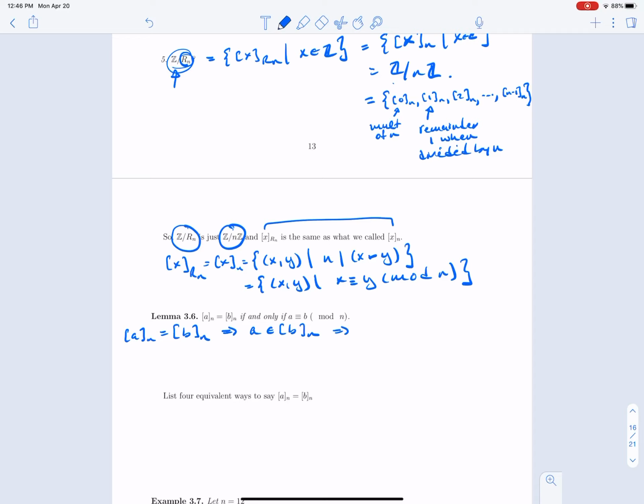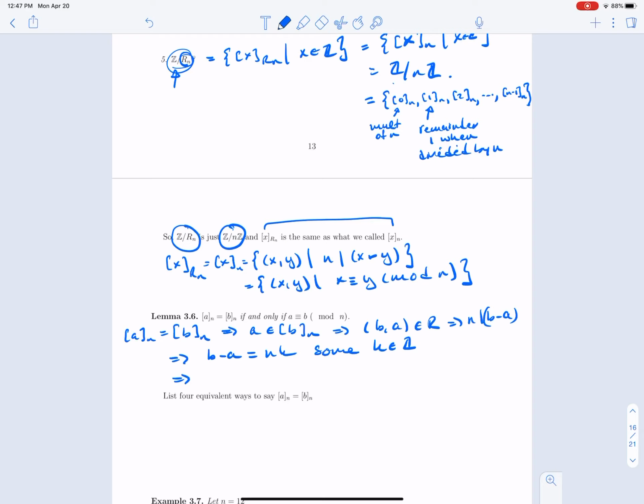That tells me that n divides A minus B, or maybe taking one step back, that means that B comma A is in my relation, and that tells me that n divides B minus A. All right, and so that tells me that B minus A is equal to nk for some k in Z.